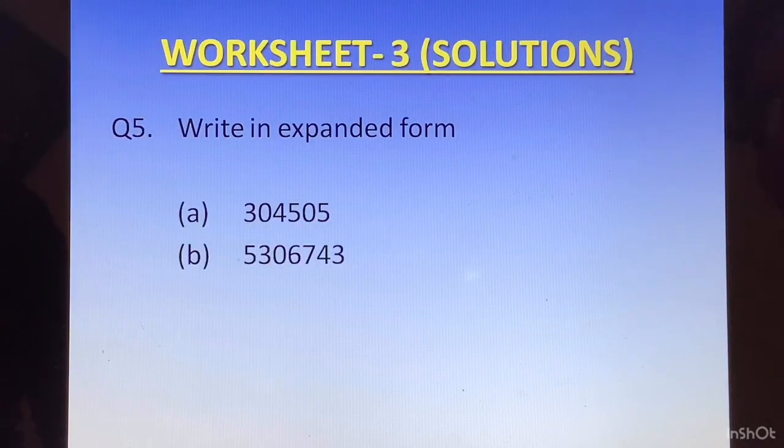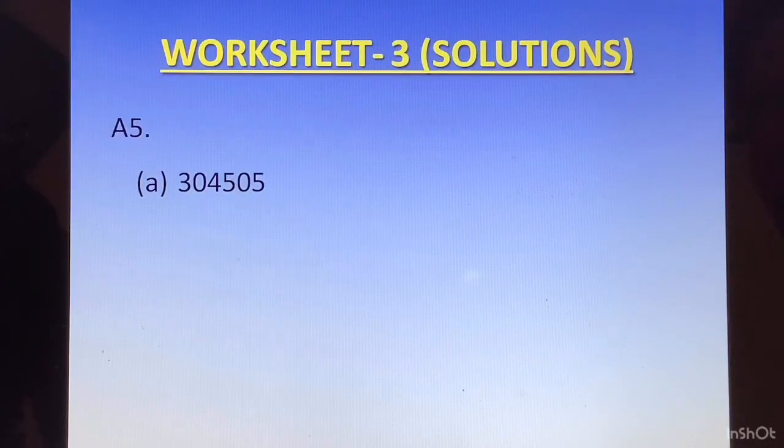Question 5. Write in expanded form. So here we'll pick up the first digit on the left and convert the remaining digits on the right to zeros. So 3 followed by how many zeros? 1, 2, 3, 4, 5 digits we have. So we will write 3 followed by 5 zeros, plus 0. So 0 we will not write. After that the next digit is 4.